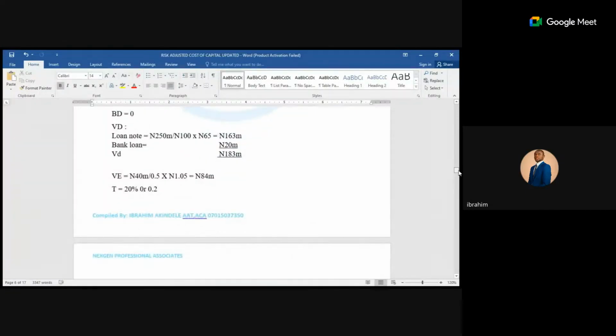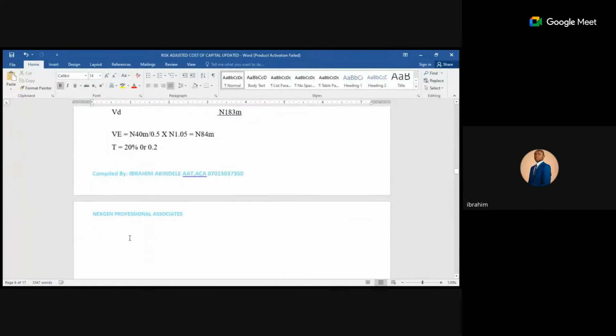Step 4: cost of equity. This is the project specific cost of equity because it includes the business risk and the financial risk of the main company, right?